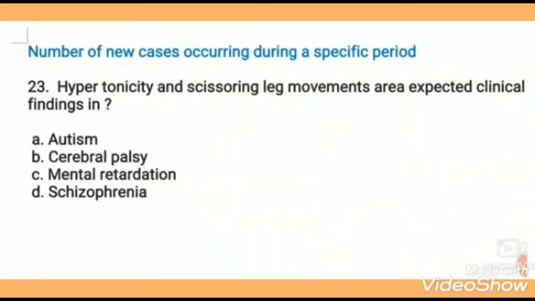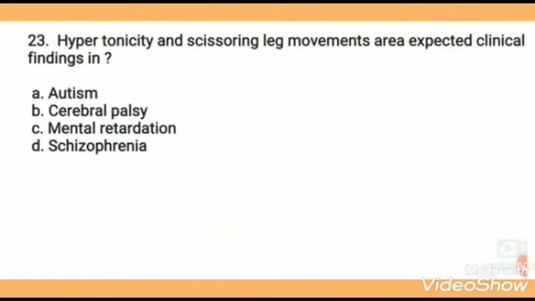So, the correct answer, hypertonicity and scissoring leg movements are expected clinical findings in cerebral palsy. Cerebral palsy is caused by a brain injury or problem that occurs during pregnancy or during birth of the child or within 2 to 3 years of child life. Hypertonicity means muscle overactivity.